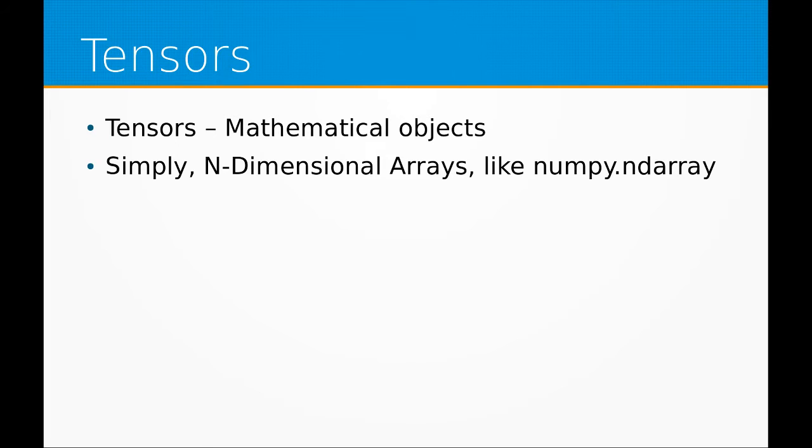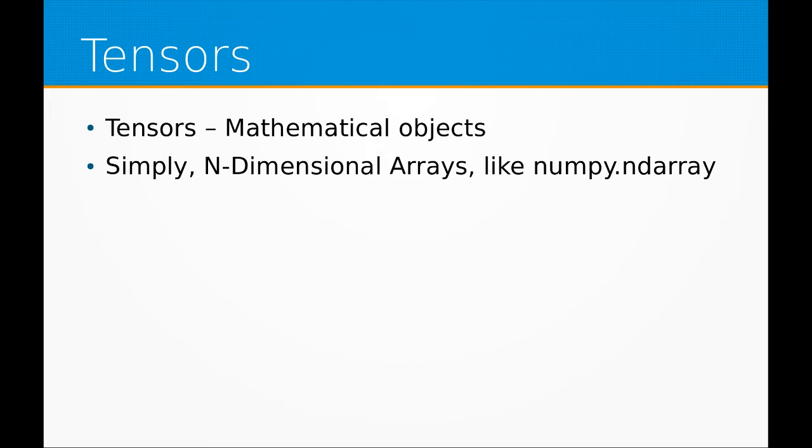A matrix is a 2D array which has rows and columns, and a tensor is basically a generalization of those two to n dimensions, like 3D. For example, a 3D matrix is actually a 3D tensor, 4D, 5D, and these are not abstract terms, but are things that we use on a day-to-day basis while dealing with deep learning networks, and I'll give you an example of that later on.